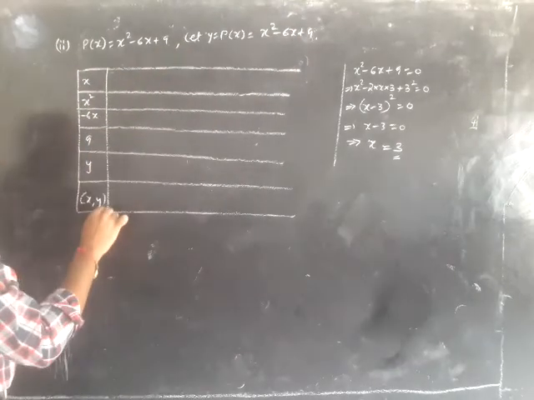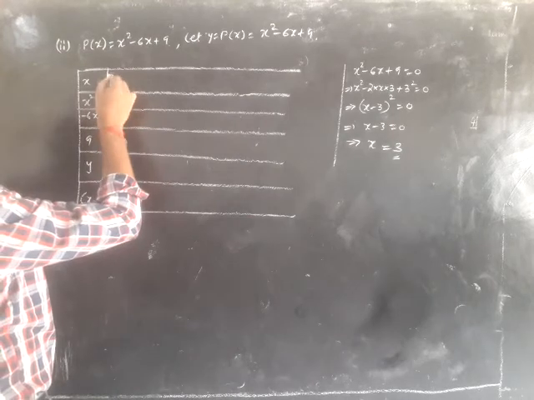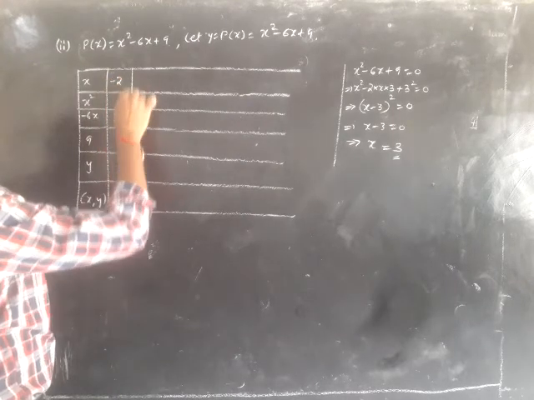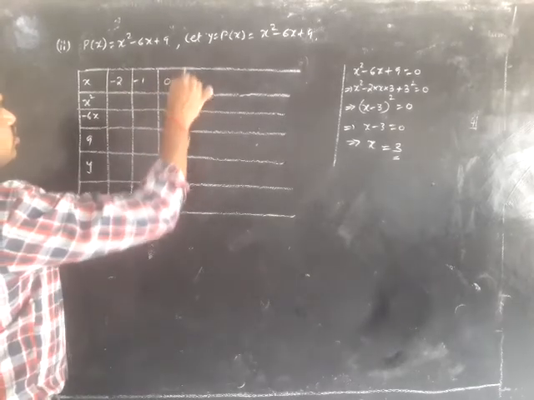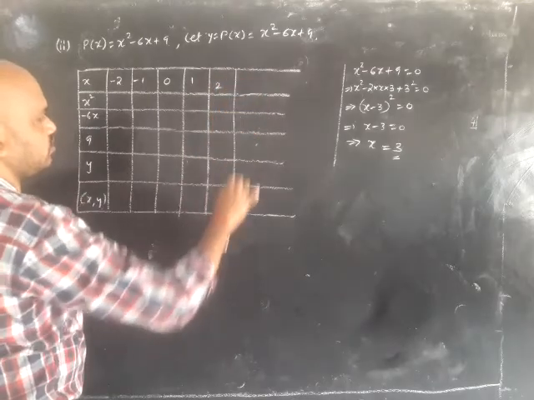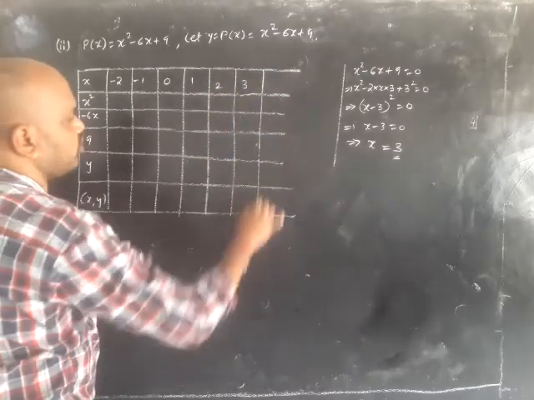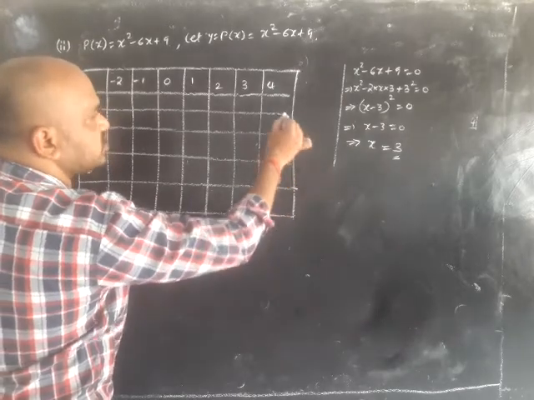So we can start from minus 2 onwards: minus 2, minus 1, 0, 1, 2, 3, and one more point extra. Because the graph should come neat, we are taking some extra points here.